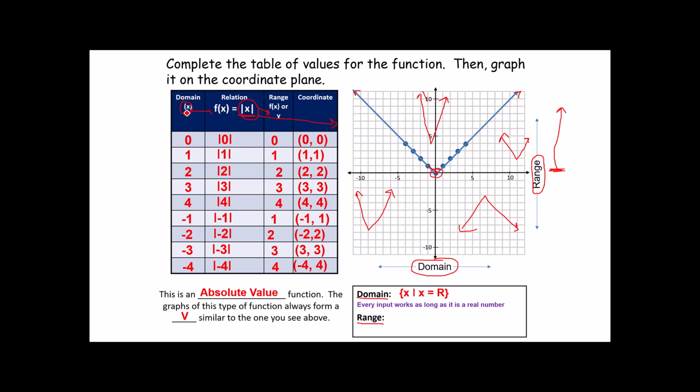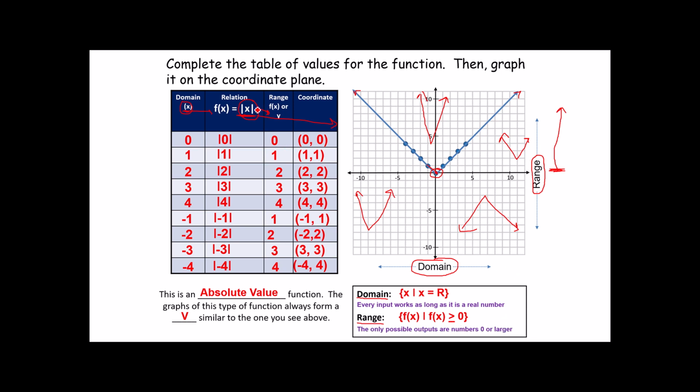No matter what value you stick into your domain, if you stick it into this rule, it will come out as 0 or larger. So we say that the range is any value will work as long as that value is 0 or larger. That's our range.